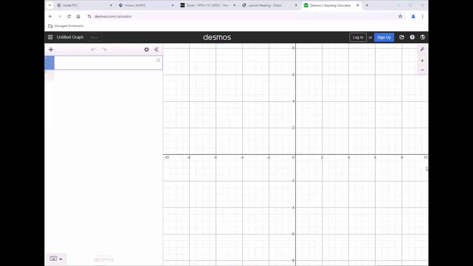This is the program Desmos, and it's always a good idea to graph just to see what's happening. You still need to do things algebraically. So I'm going to enter the last function that we played with. I'm going to write it using function notation.